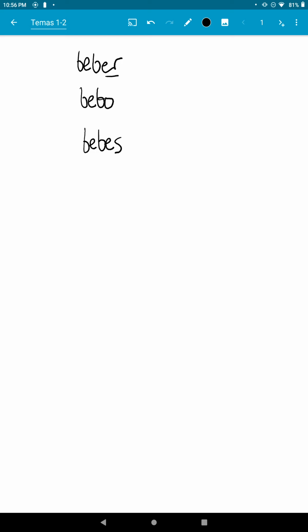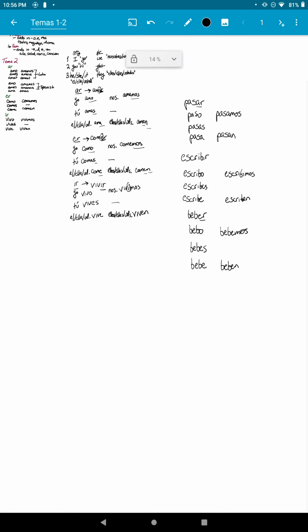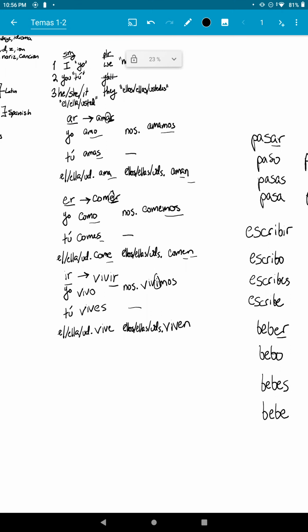Él, ella, usted bebe. Nosotros bebemos. Ellos, ellas, ustedes beben. Good. So I hope that gives you kind of an overview of how conjugation works in Spanish.